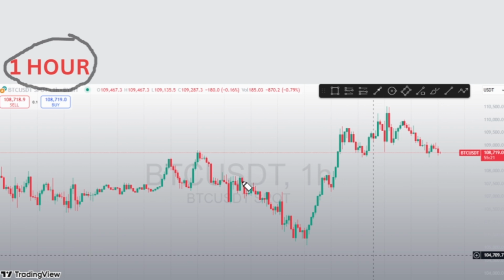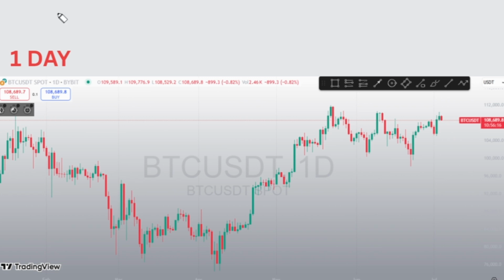Then for your red candle, it means the sellers took control and dominated within an hour. Then the 1 day basically represents the trading activities within a day. So if you see a green candle, it means the buyers dominated. And if you see a red candle, that means the sellers dominated.